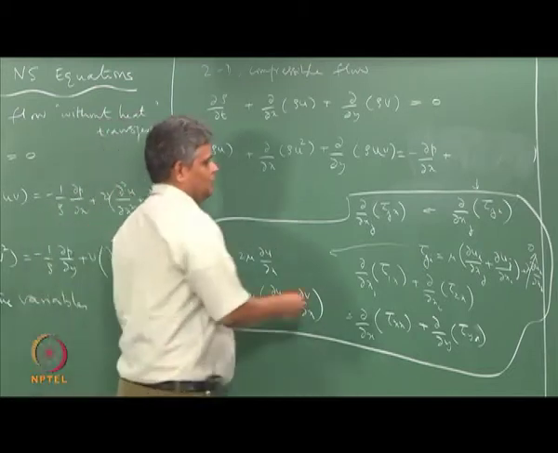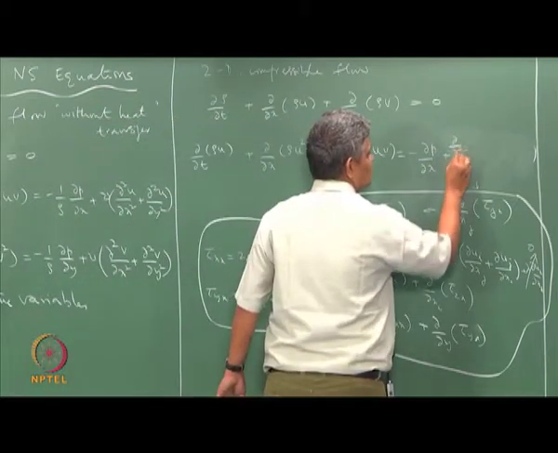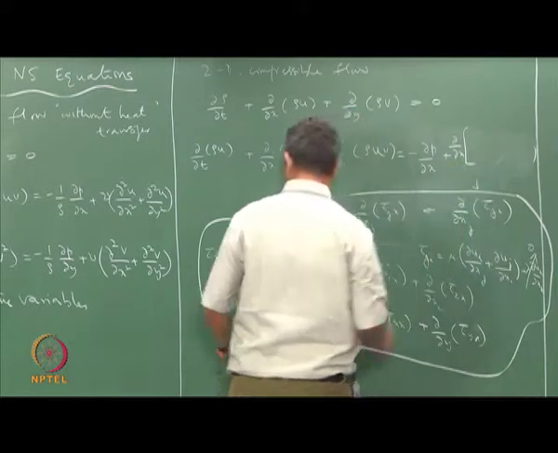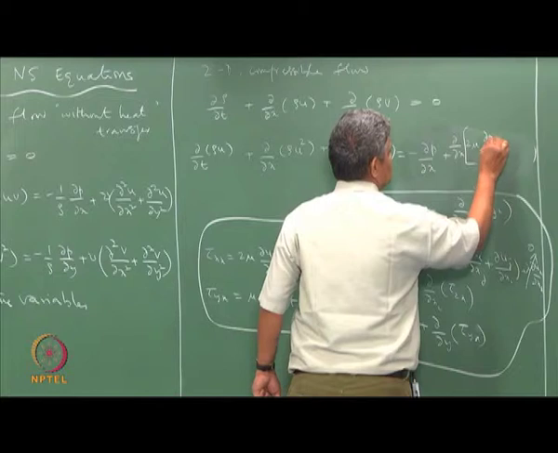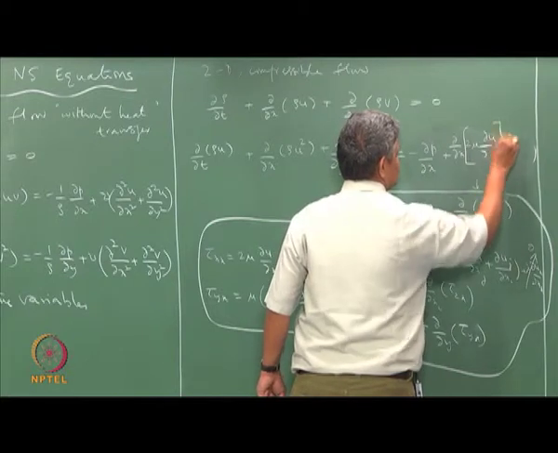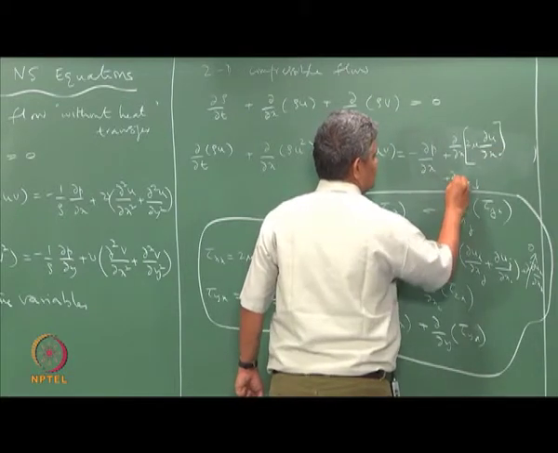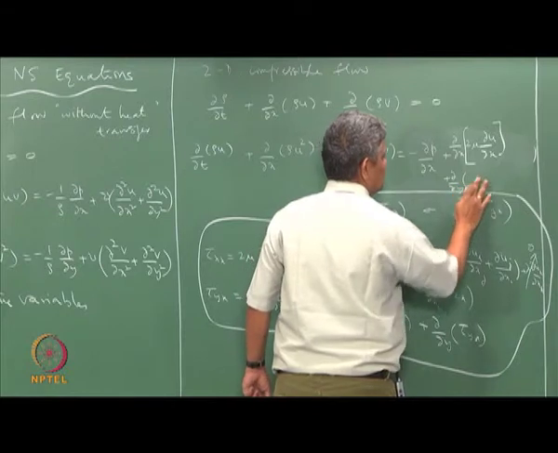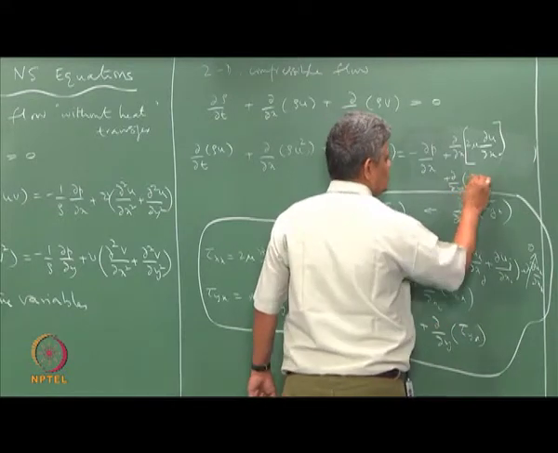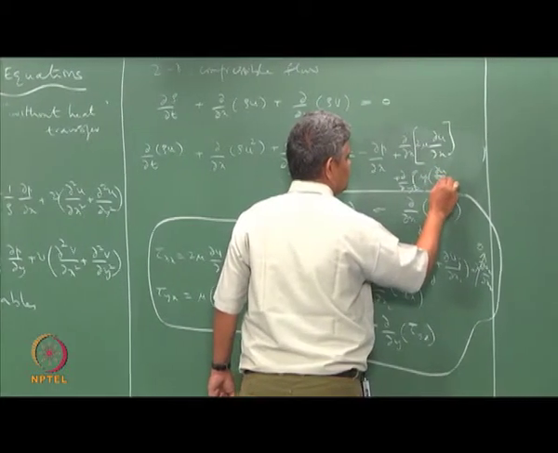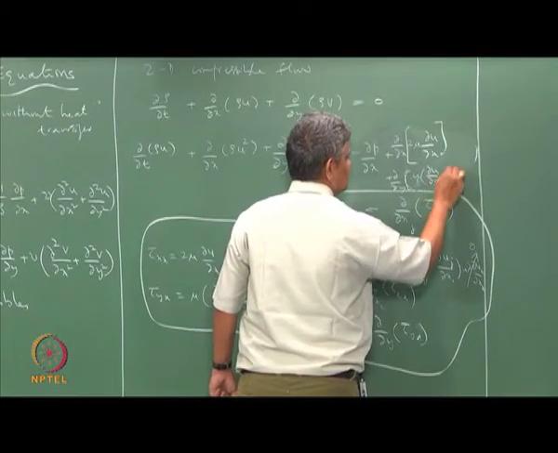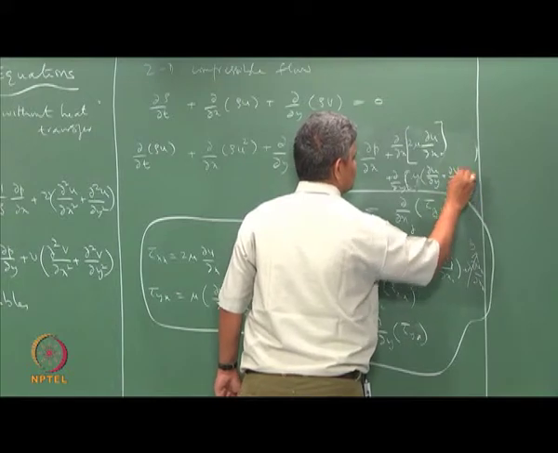And so this will be ∂/∂x of 2μ ∂u/∂x plus ∂/∂y of μ (∂u/∂y plus ∂v/∂x).